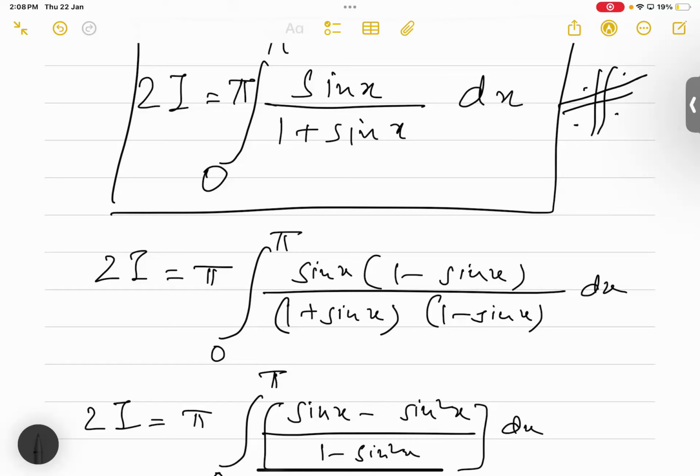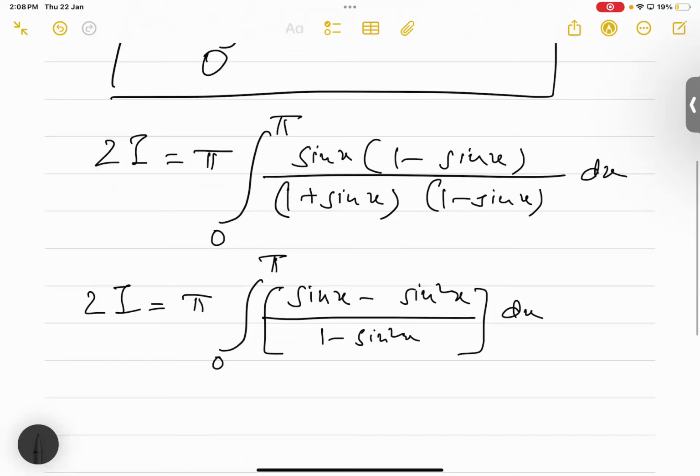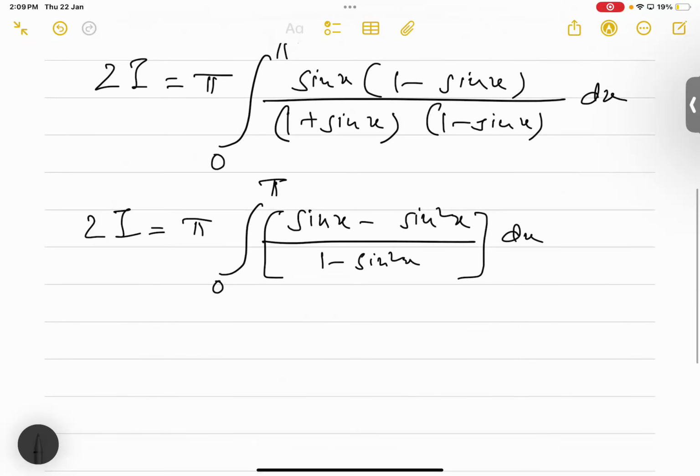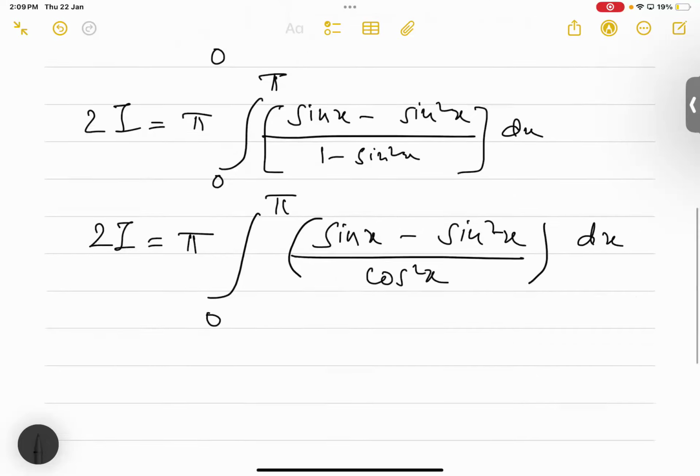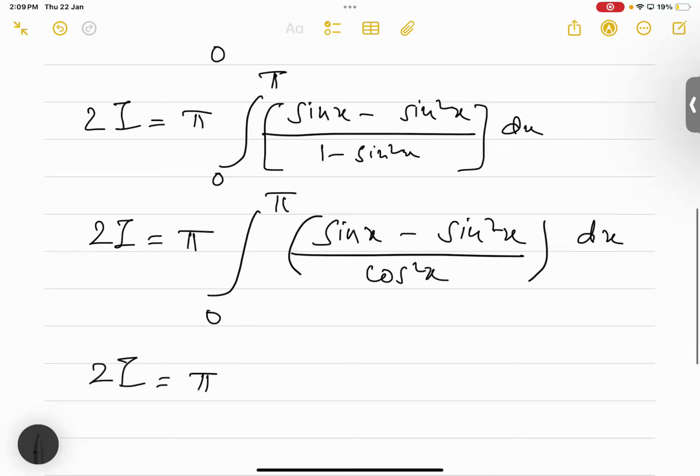After this, after getting sin x minus sin square x, 1 minus sin square is cos square down, and that's it. Basics of indefinite integrals will be applicable over here.